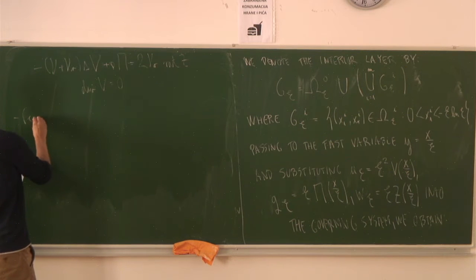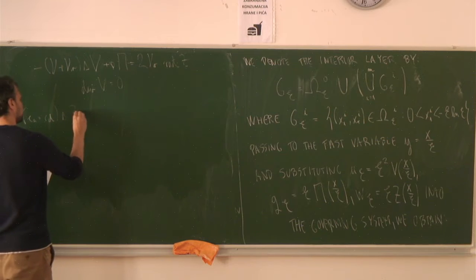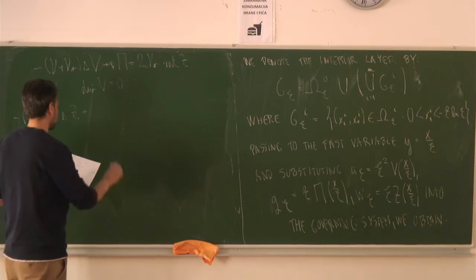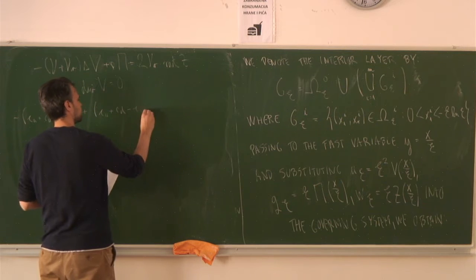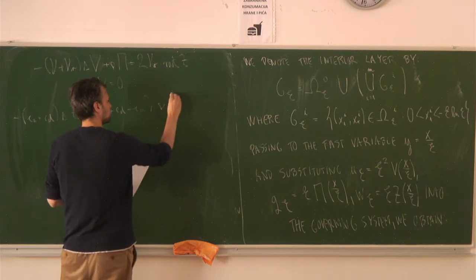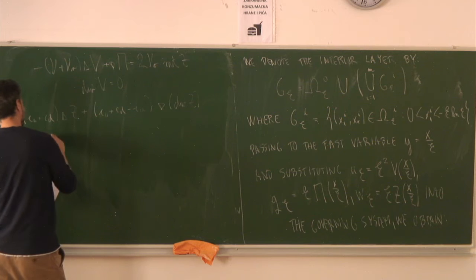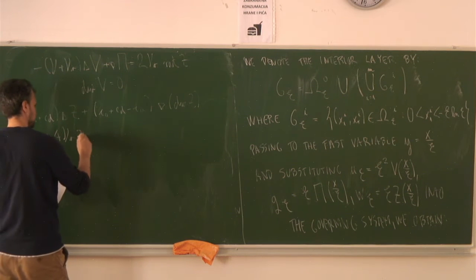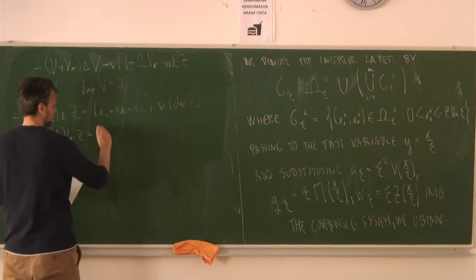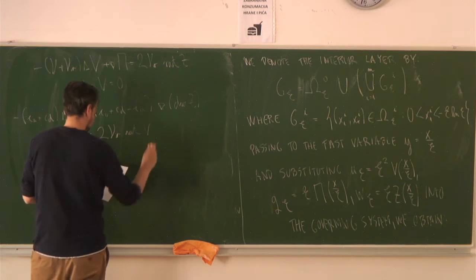Minus c_a plus c_d Laplacian z plus (c_0 plus c_d minus c_a) gradient divergence z plus 4 nu r z is 2 nu r rotation v.